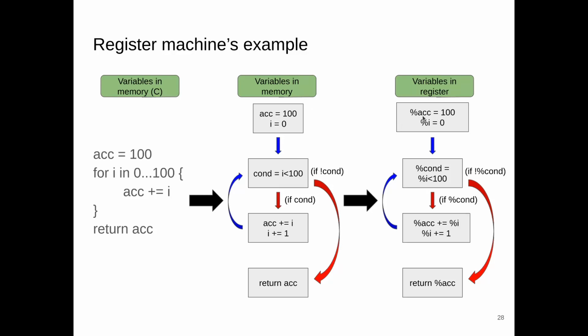So here, instead of writing 100 to memory, to a variable ACC, it is going to write 100 to the register that is named ACC. Let's say that this ampersand is marking the fact that this is a register. It is also writing 0 to I, and in the next block it is performing the same things but with registers instead of memory locations. That is basically the only difference between these two graphs.